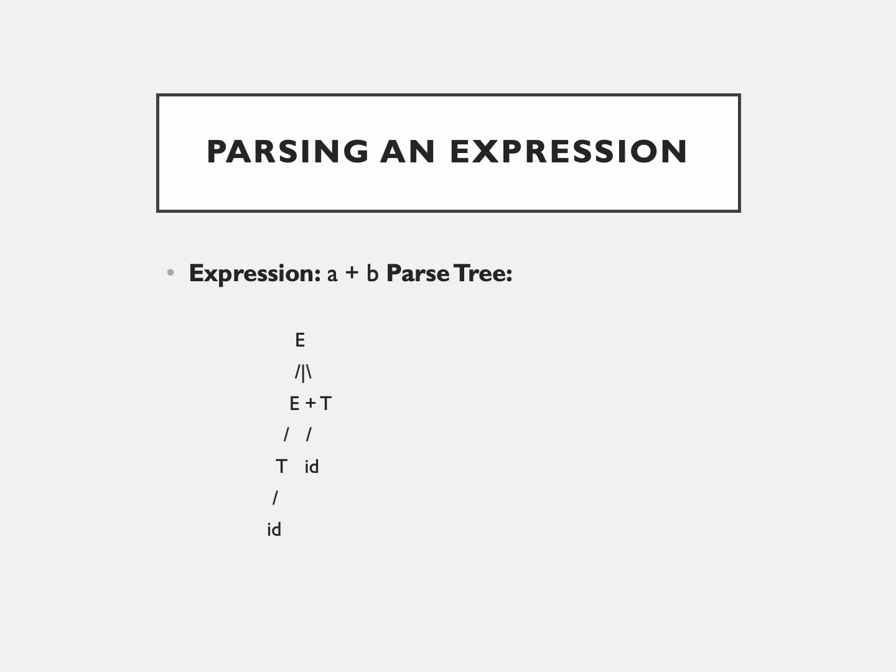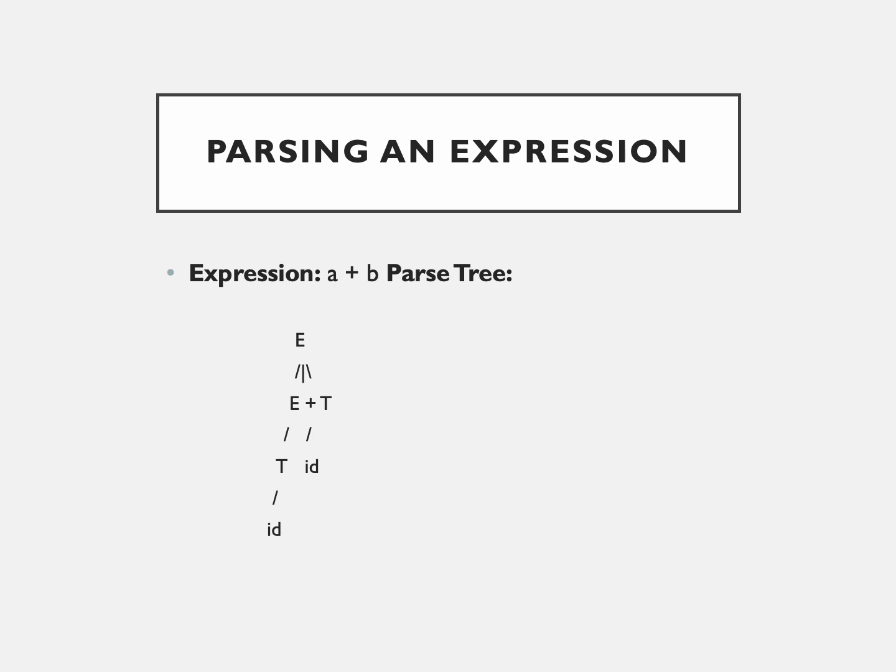The rule E pointing to E plus T is applied here, the first one. So the tree branches into E, the plus operator, and T.